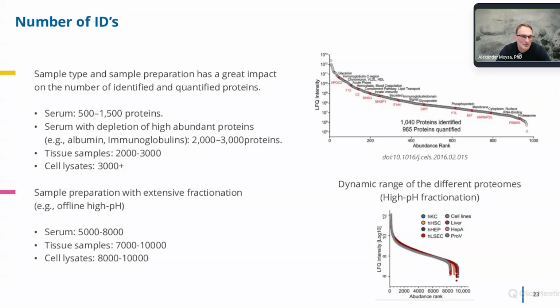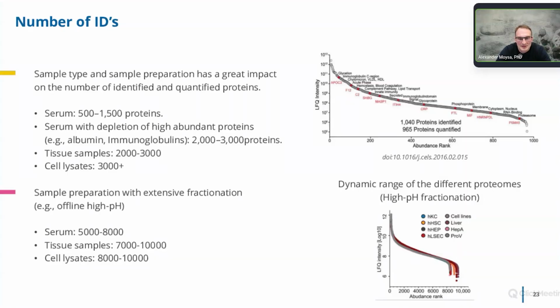For example, for plasma or serum samples, around 1,000 proteins can typically be detected. This relatively low number is due to the presence of highly abundant proteins, which can mask the detection of lower abundant proteins. Depletion of highly abundant proteins can significantly increase the number of detectable proteins, for example, up to 2,000-3,000.